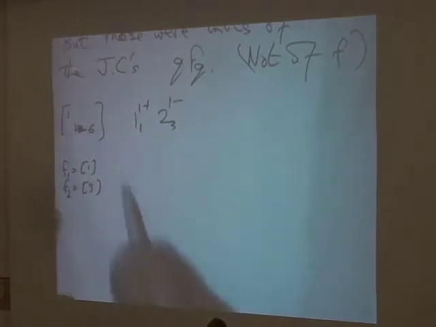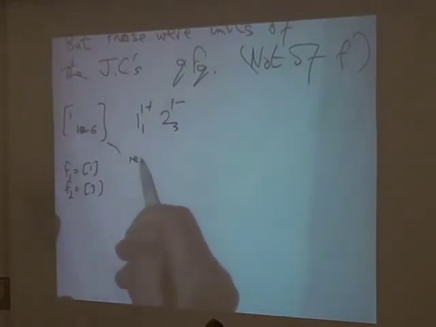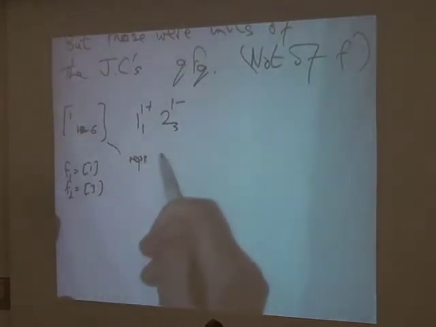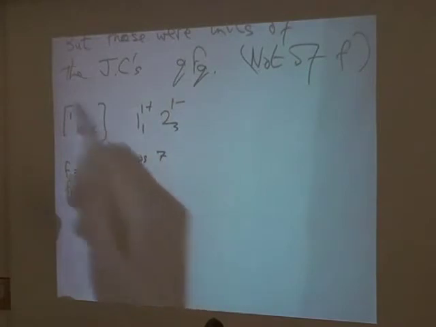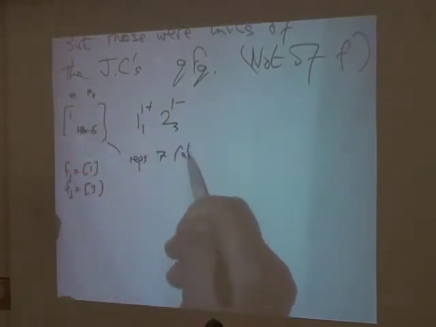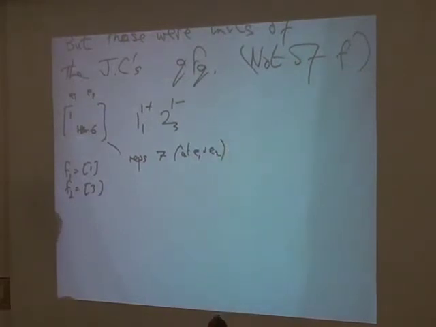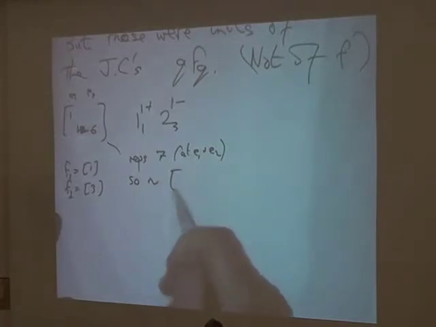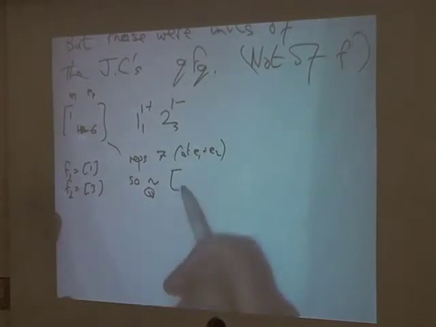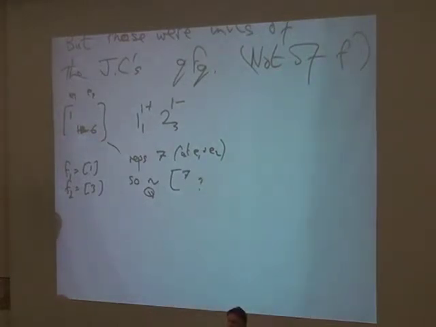But look, this represents 7, at e1 plus e2. And so it is equivalent, over the rationals even, and therefore over the quadratic rationals, to 7 something.